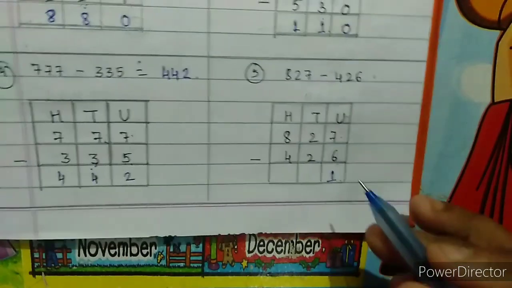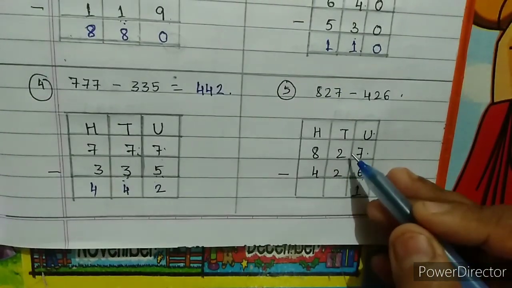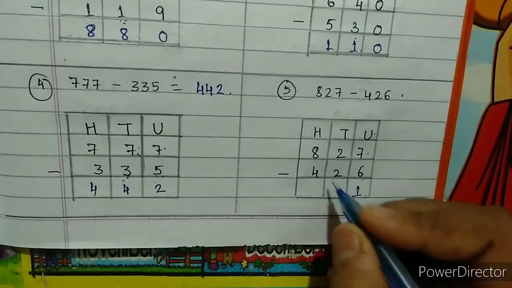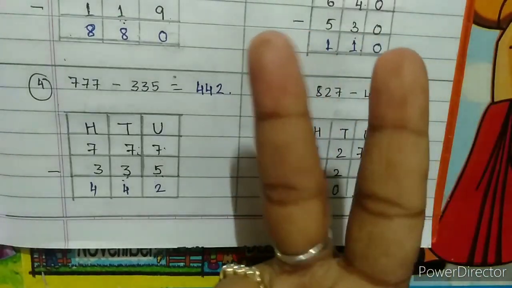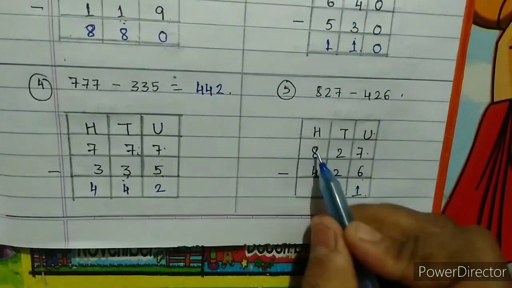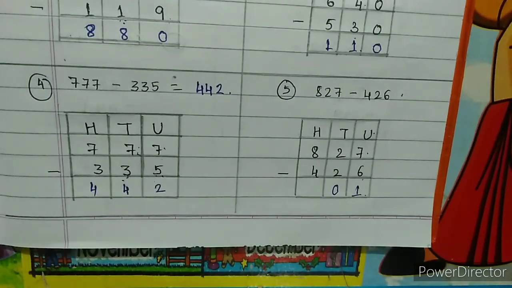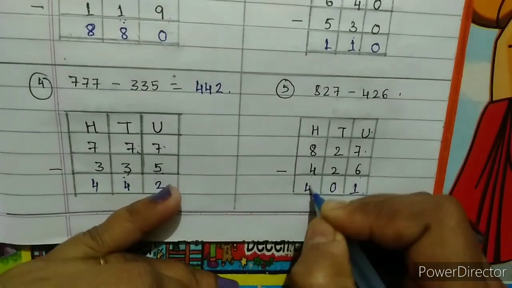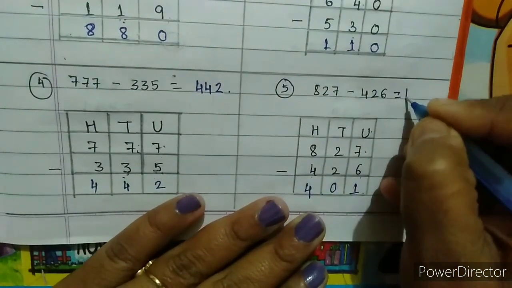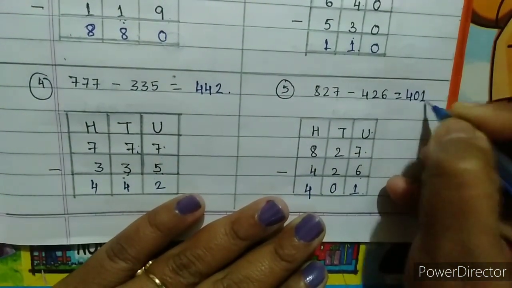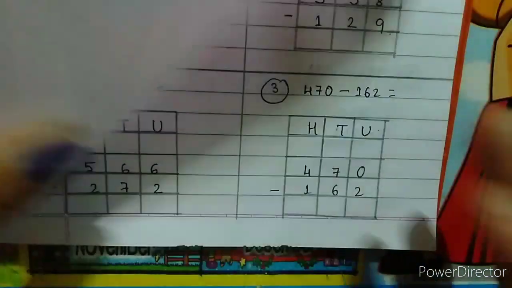Now again, when the number is same in subtraction, 0 is the game. 2 minus 2, 0. 8 minus 4. Which is smaller here? 4. Keep 4 in mind. Count till 8. After 4, 5, 6, 7, 8. So how much answer did you get? 4. So the answer is 401.